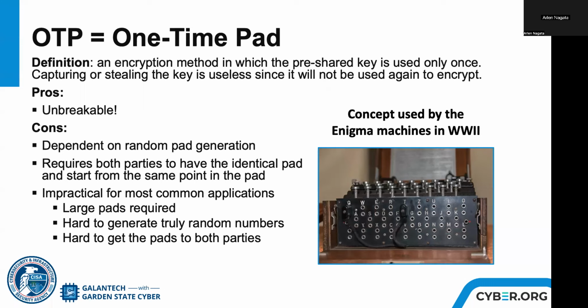So you use that piece of paper to encrypt a message, and your friend who has a matching pad takes that first sheet of paper and uses the cipher on that to decrypt it. And after that, you throw that piece of paper away, and the second sheet of paper on each pad has a totally different cipher. And this is unbreakable because every single message has a different cipher.